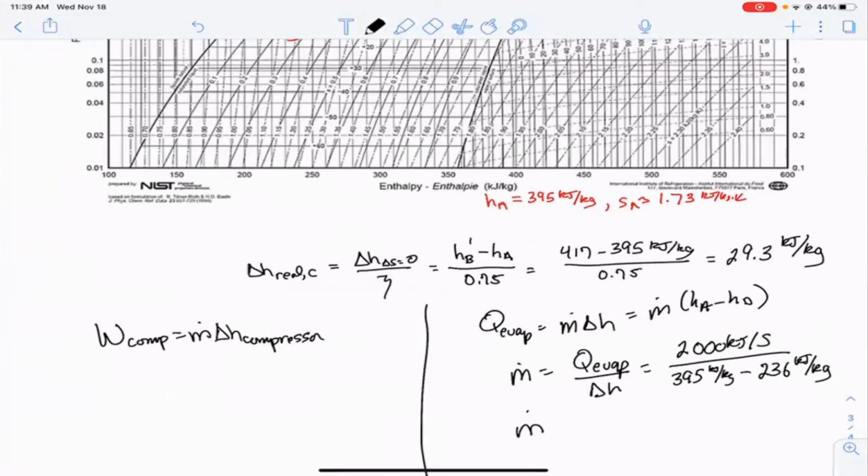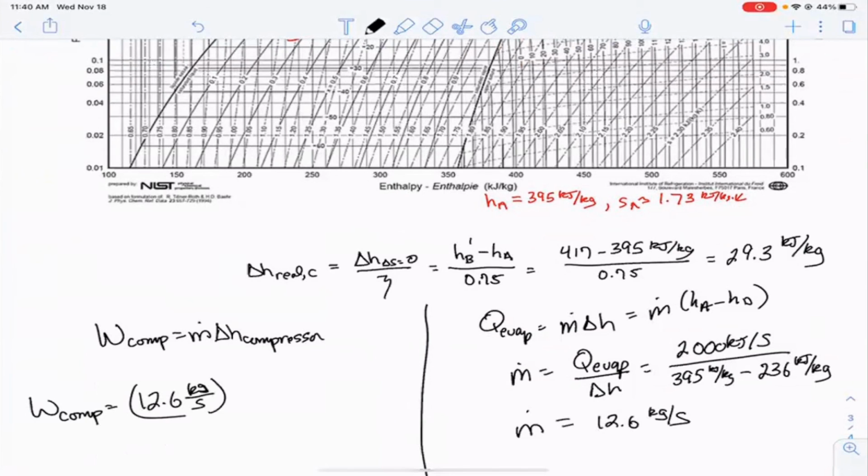And so that gives us a mass flow rate of 12.6 kilograms per second. And so now we can calculate the work of the compressor. So that's 12.6 kilograms per second times delta H for the compressor, which was 29.3 kilojoules per kilogram. So the work of our compressor is 368 kilowatts.